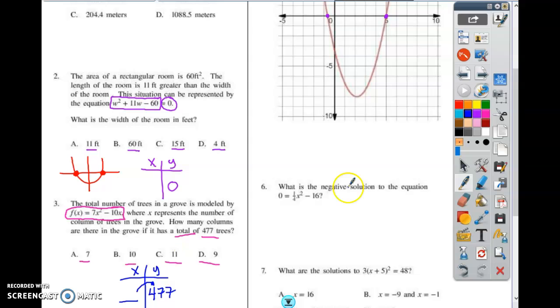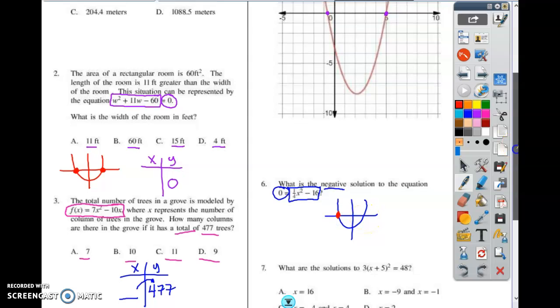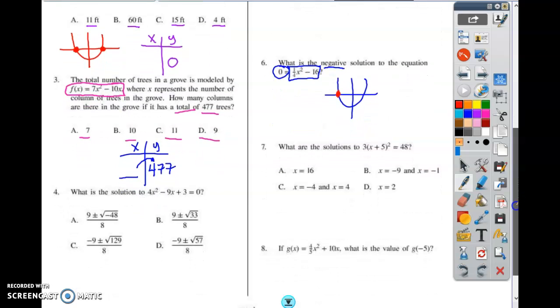All right, right here, I would type this in Desmos and see which one gives me 0. So it's asking for the negative solution. So when you do it, they're asking for the negative one, not the positive one. Okay? And then the last one, if you want, oh no, that's not the last one.